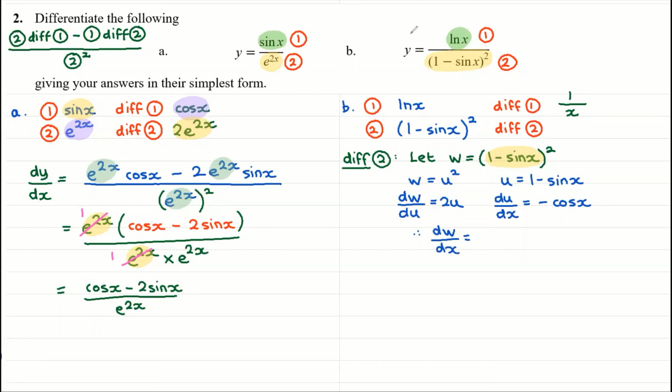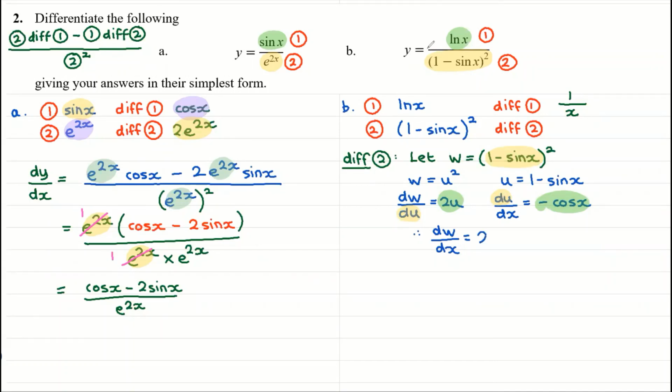I mean, we've done this several times now, so I'll just go straight to that step. So multiply dw by du by du by dx, remembering, of course, that the dus will cancel out effectively to create dw by dx. And if I do that and substitute the u back in, this is what we're going to get.